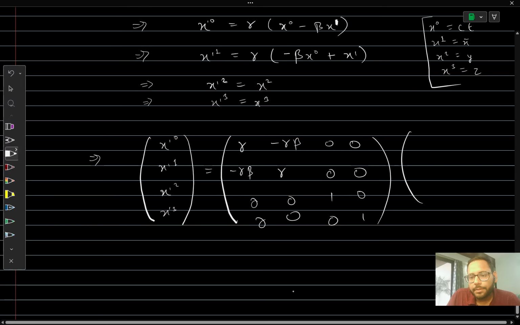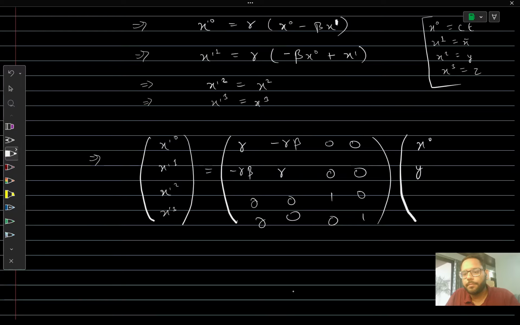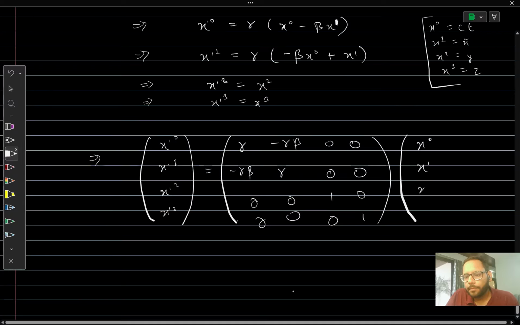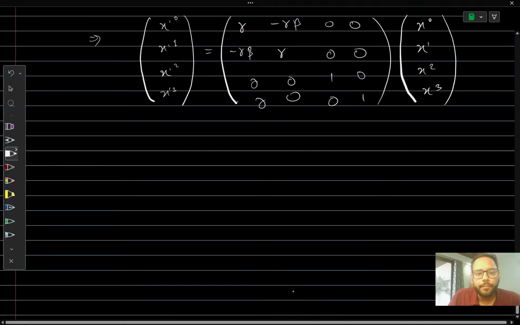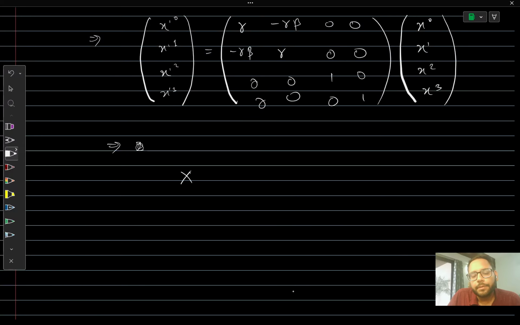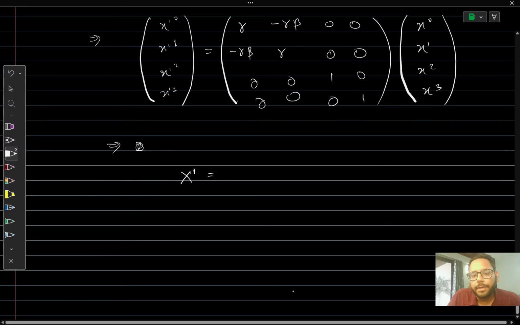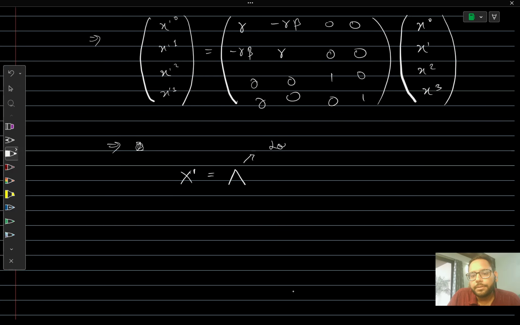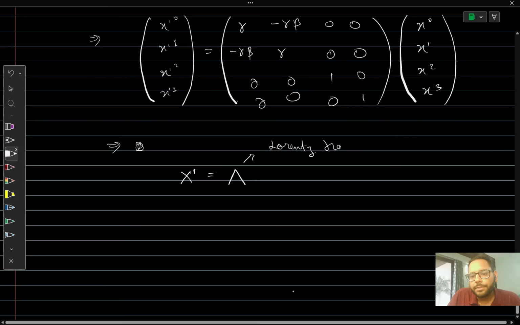And these are the unchanged, unprimed coordinates. In matrix form, you can define it as the x prime column matrix, and this is my lambda matrix, which is also known as the Lorentz transformation matrix.